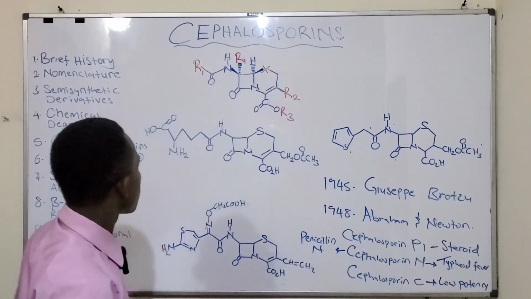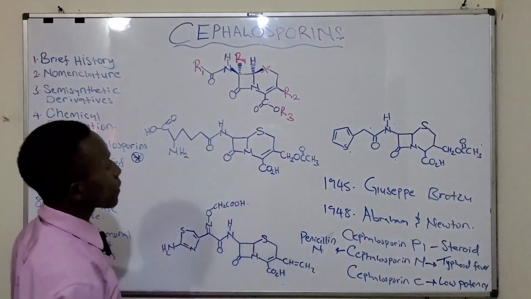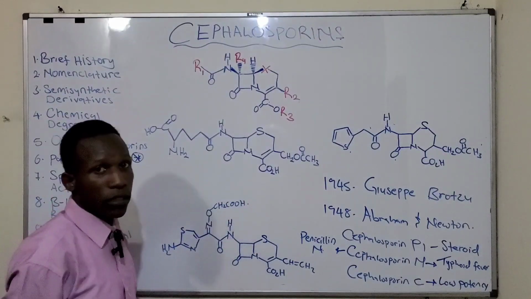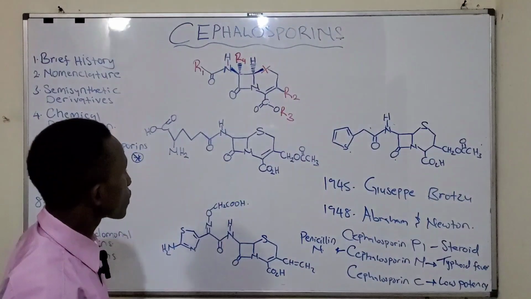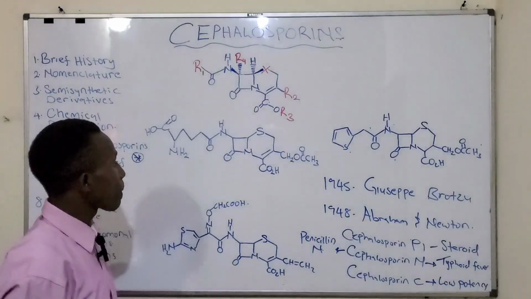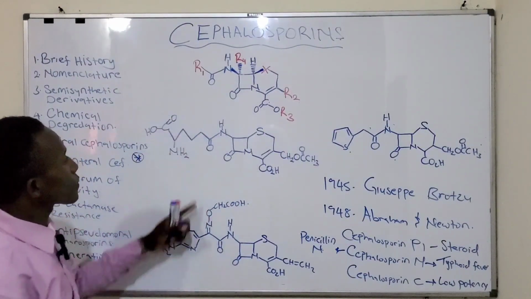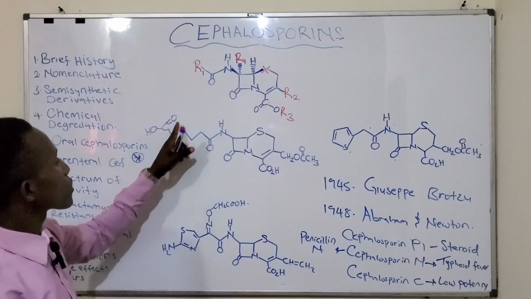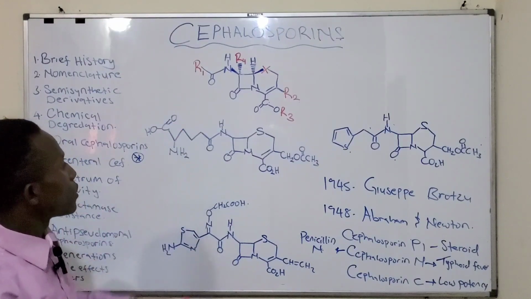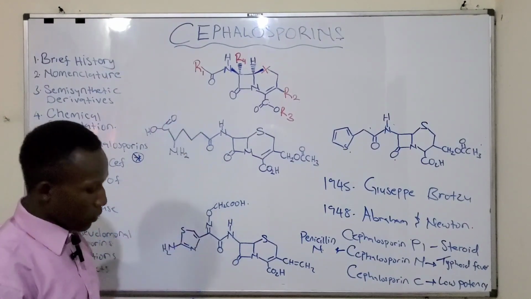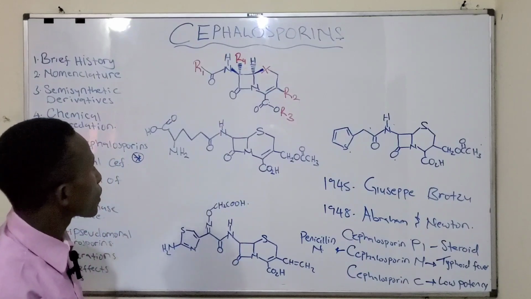So cephalosporin C, this is its structure. It was mainly targeting the gram-negatives rather than gram-positives, especially the Salmonella species. So this side chain has the carboxyl group and amino group. So it's more of targeting gram-negative bacteria.